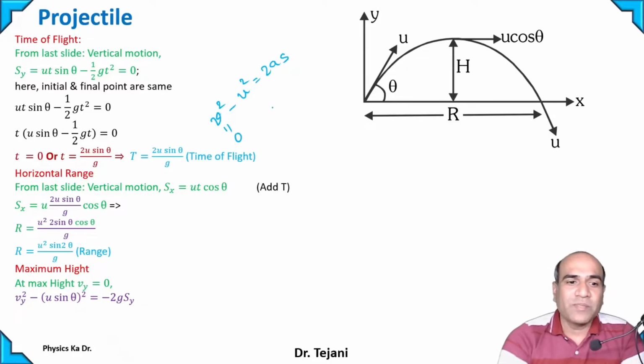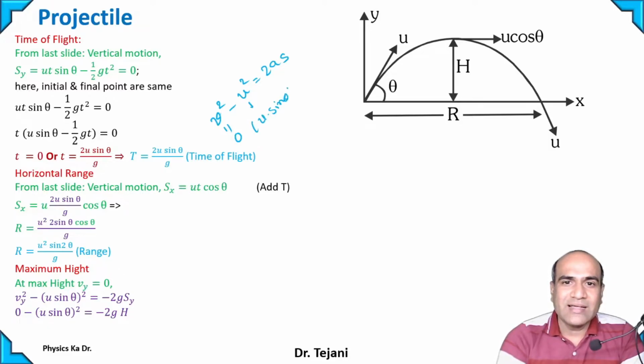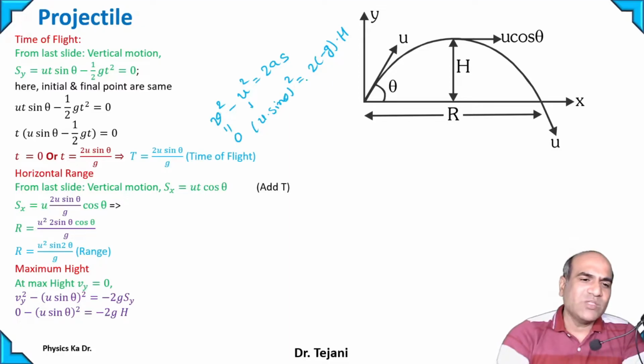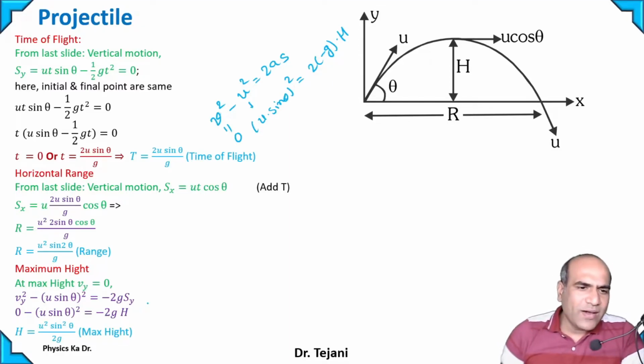Putting that in, we get (u sin theta) square is equal to 2, a becomes minus g, s becomes sy. So s becomes height, sy becomes height. That is the maximum height. Put this value here, so we have h is equal to u square sin square theta divided by 2g.